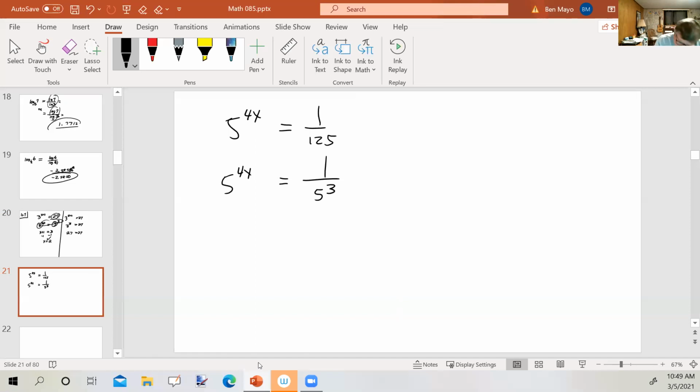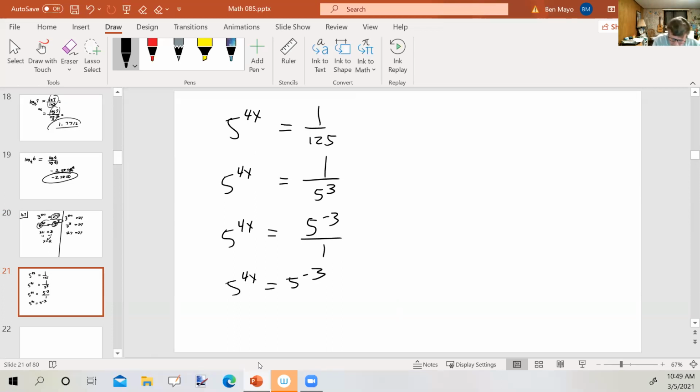Then I could take 5 cubed, which is in the denominator, move it into the numerator, which would make it 5 to the negative 3 power. So now I've got 5 to the 4x equals 5 to the negative 3 power.